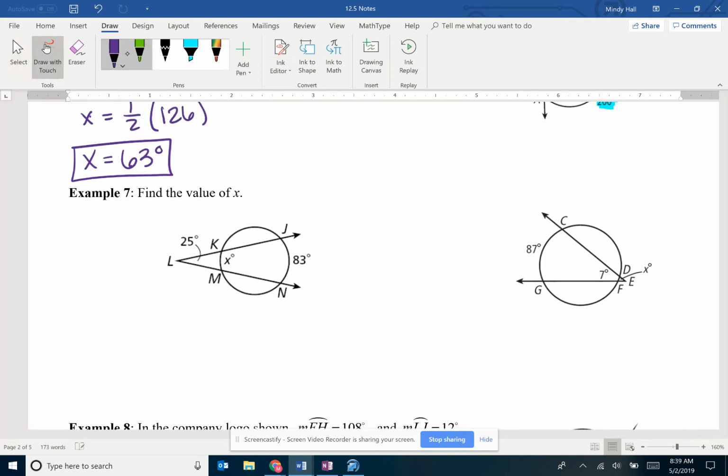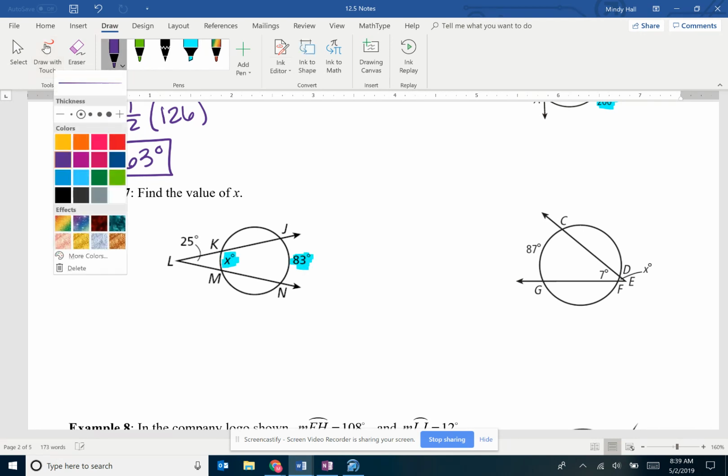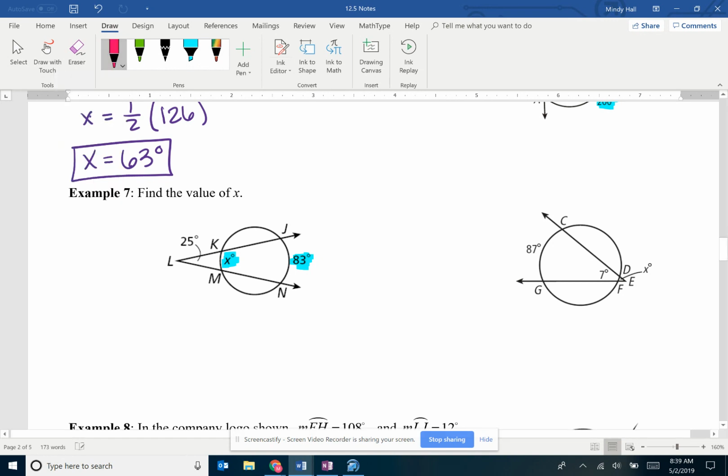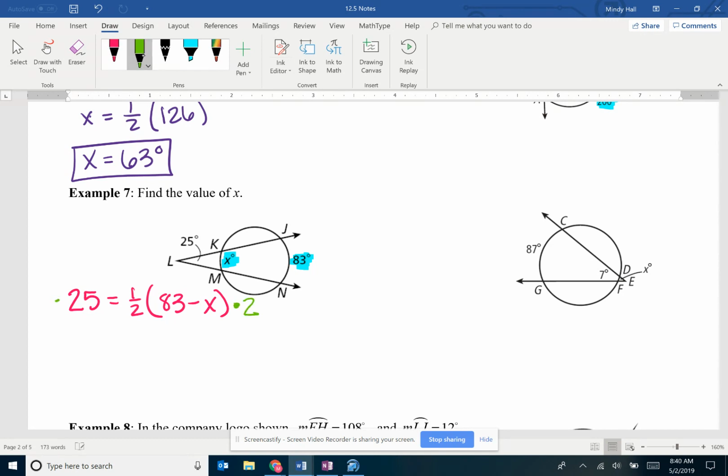So because I know that these are my arc measurements, that means that my angle is 25 degrees. So I'm going to have 25 degrees equals half the difference of my arc measurements. So 83 minus x. And then you're just solving an equation using algebra. So personally, I would multiply by 2 first, because that'll cancel out that 1/2.